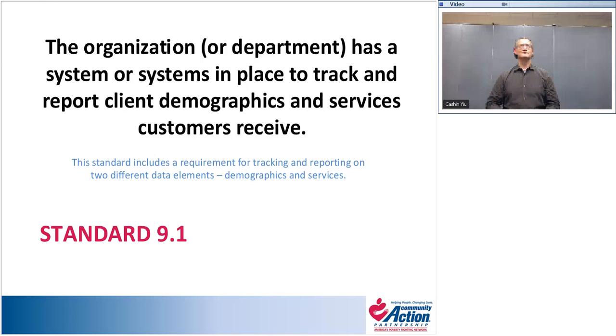It's interesting in this one, and I know 1 million people looked at these standards before they got submitted, but you'll see that both the terms client and customer are included in this one sentence. So we're going to track and report client demographics and services that customers receive.